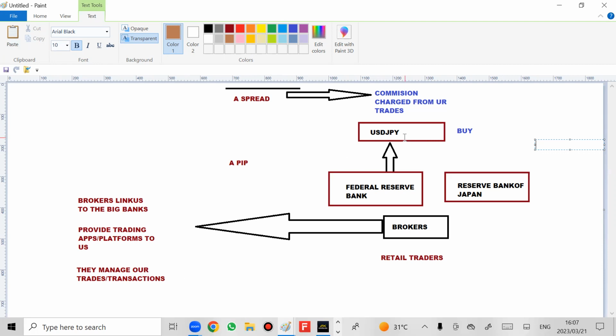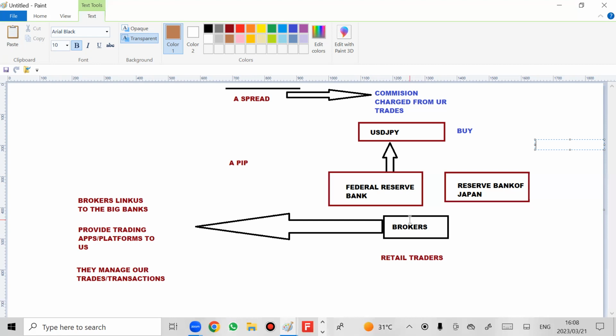Everything is computerized. Whenever you place a trade, a buy or a sell on USD/JPY, the broker's work is to let these banks know that you've placed a trade and you are ready to trade with them. So they will be there to manage your trades, to see that your trades come through.